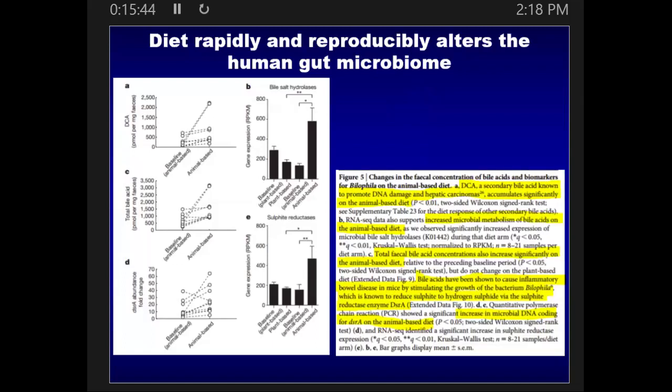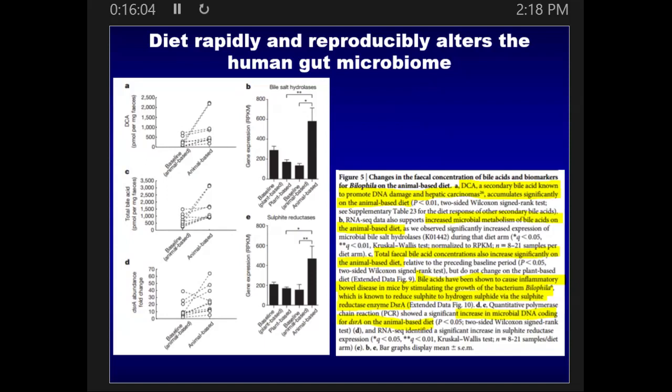Here's another published paper where they were looking at shifting diets in people. So this was, is this the one? Oh, no, this isn't the one. So here, this is primarily plant-based diet versus animal-based.